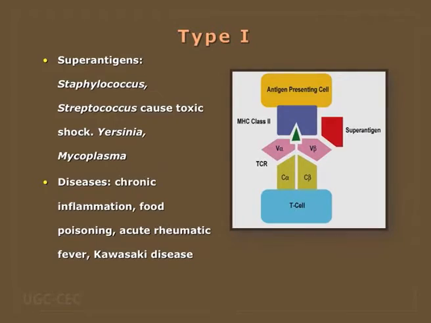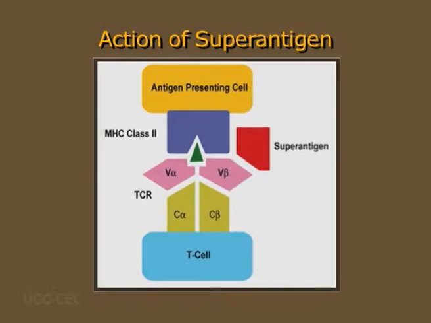These superantigens bind to the MHC class 2 receptors present on the antigen presenting cell in the infected organism, and they mediate the interaction of this MHC class 2 with the T cell receptors, which can have a V alpha, V beta or gamma chain, due to which it leads to activation of the T cell and correspondingly inflammation or various disease conditions can happen.